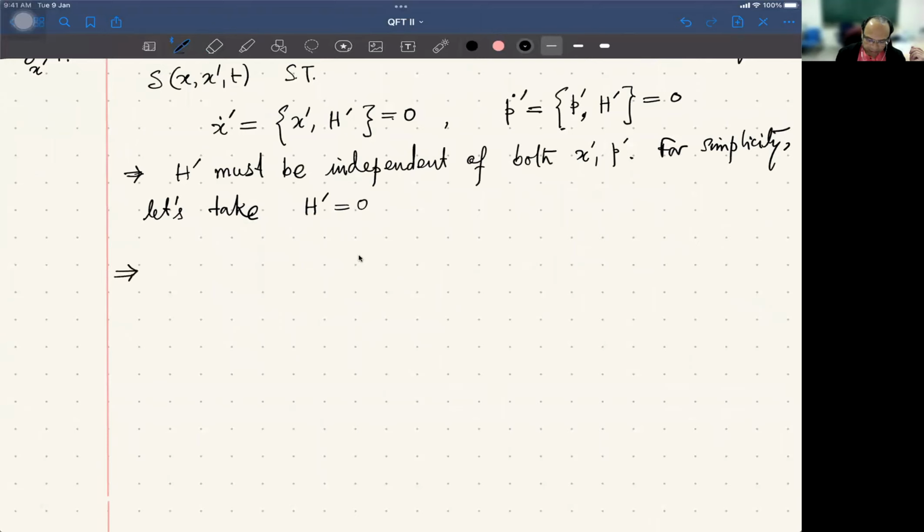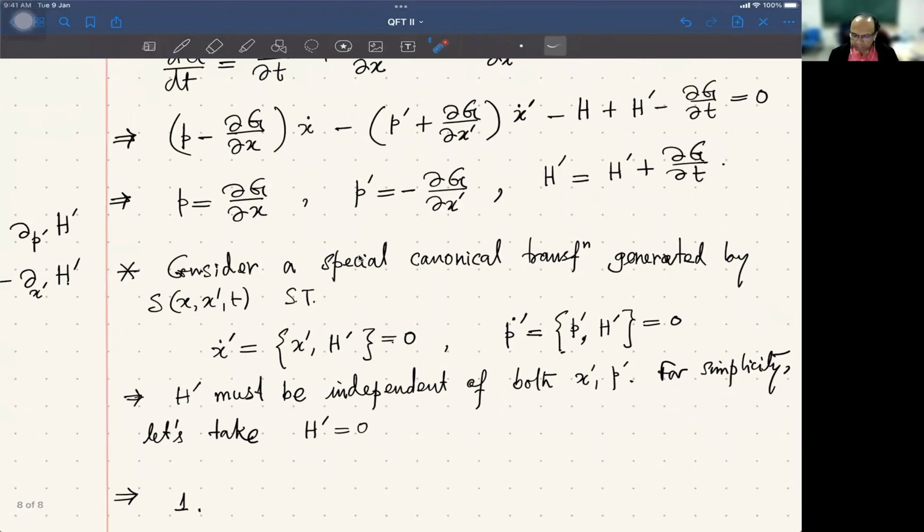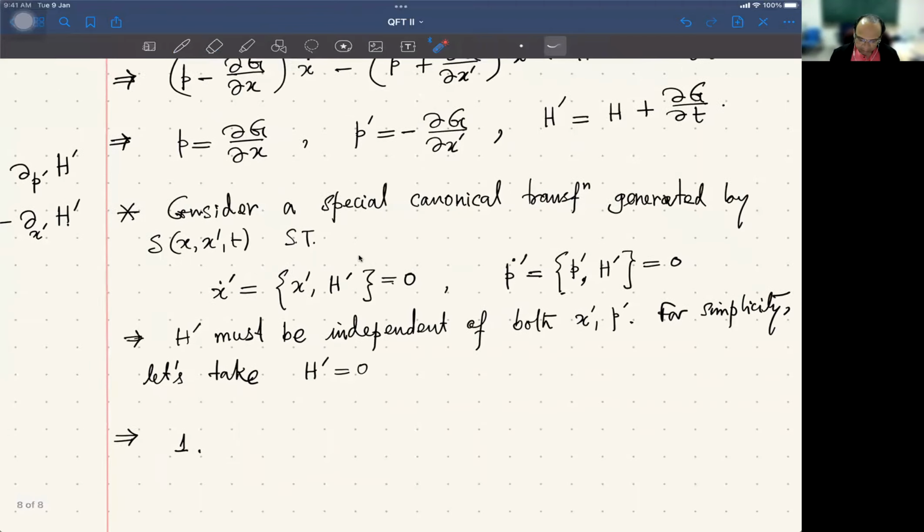So this implies, number one, if you go to this equation, oh, sorry, this should be h prime equals h plus del S del t. So this equation would imply that h prime equal to 0, so h is minus del S del t.